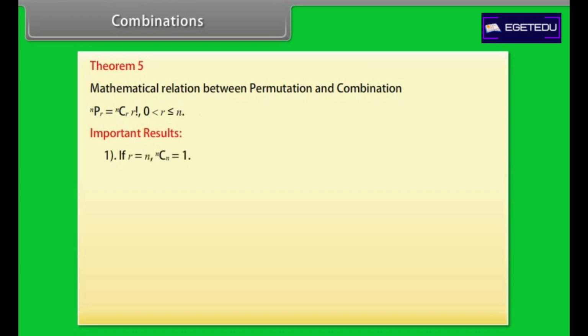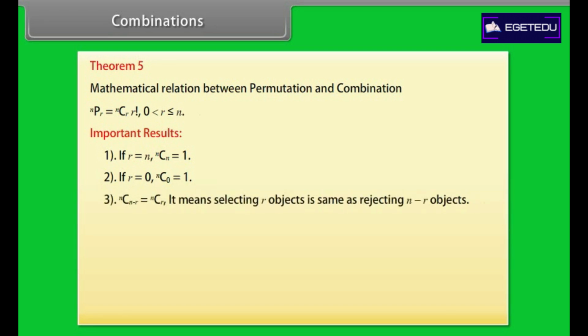If r is equal to n, nCn is equal to 1. 2. If r is equal to 0, nC0 is equal to 1. 3. nC(n minus r) is equal to nCr. It means selecting r objects is the same as rejecting n minus r objects.